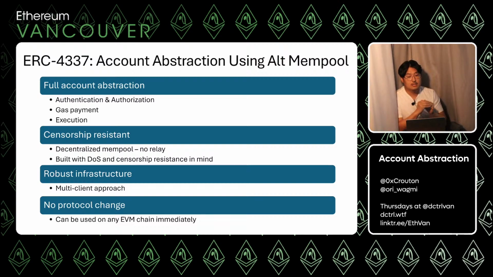Next, they use a decentralized mempool. They learned about the issues with EIP 86, the original one, where the network could be flooded. By using this alt mempool, this decentralized mempool, they made the system both censorship resistant as well as DOS resistant. We'll go into details about that in a little bit.